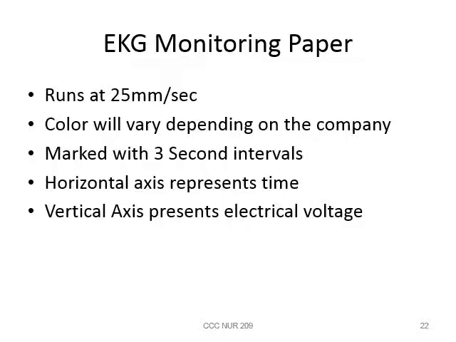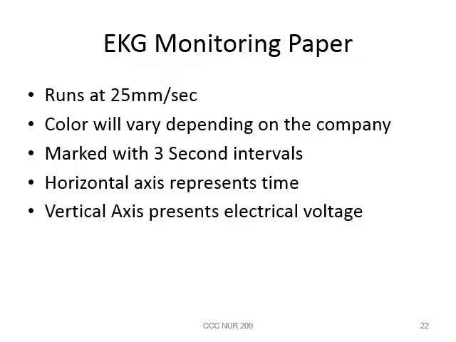The size of the paper may also vary. One of the things you're going to see is most of them are marked with 3-second interval markings at the top, and I'll show you as we look at them. Some of them are marked every second, but most of them are marked every 3 seconds. That becomes important when we start counting the heart rate on these patients.